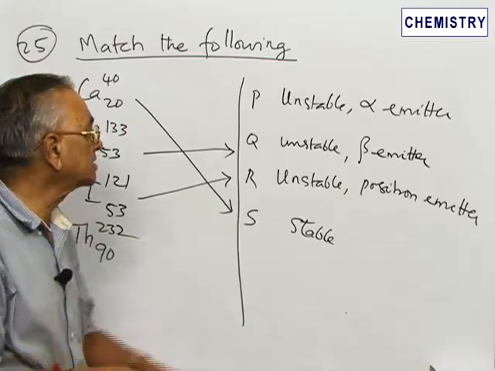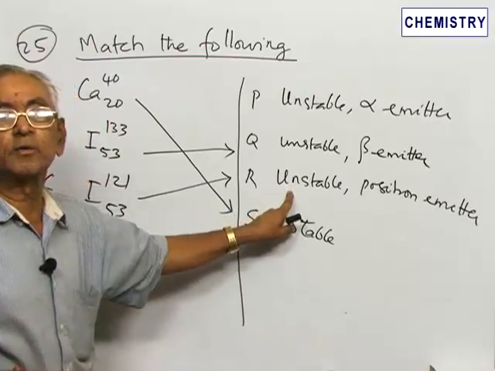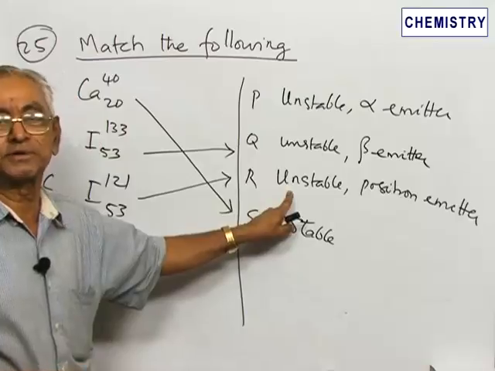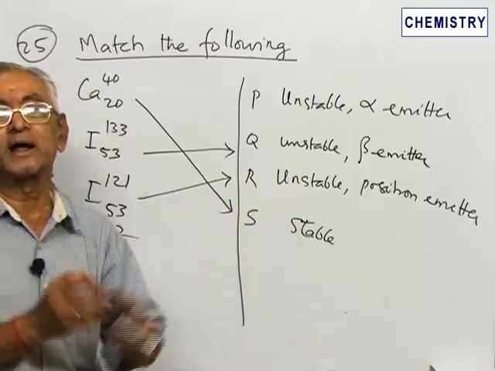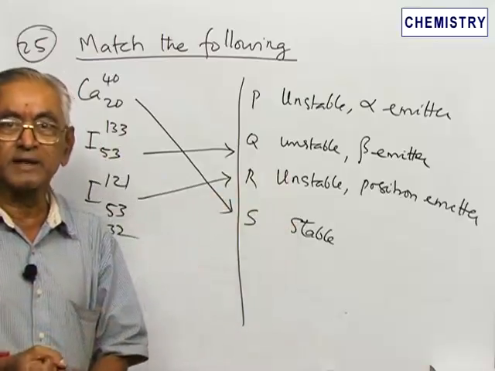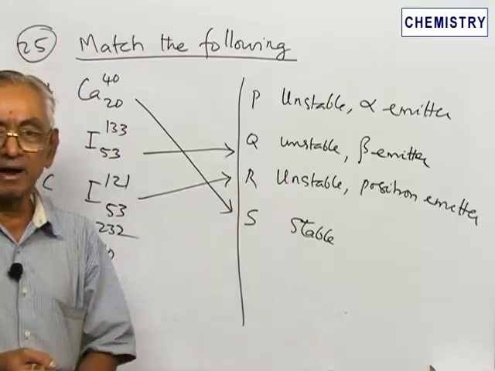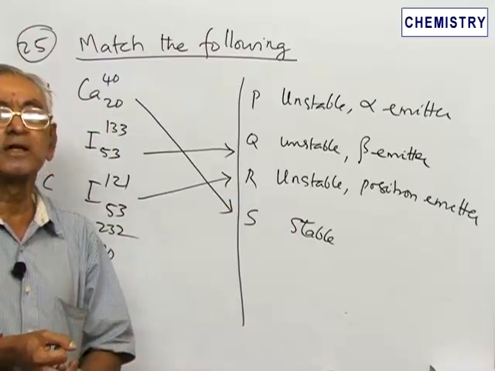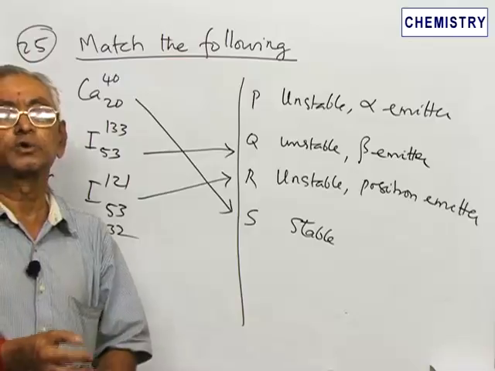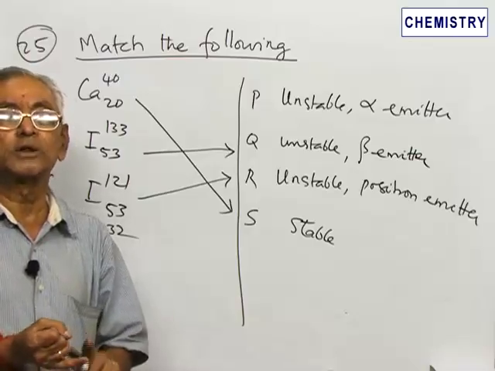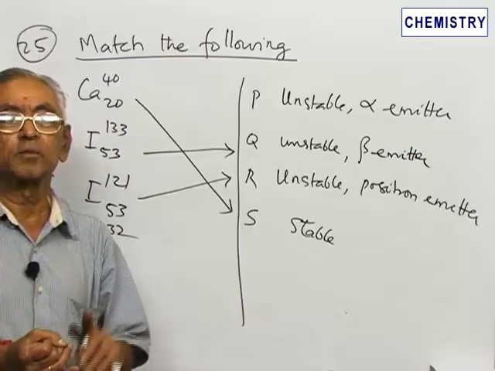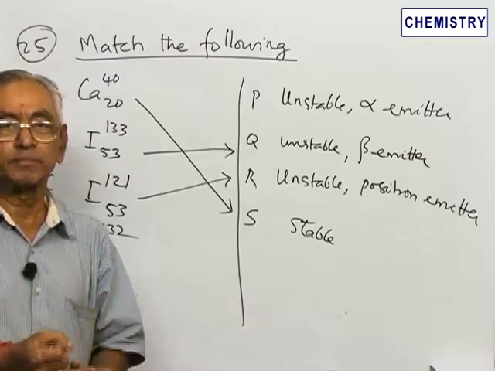One is known as positron emission and the other one is known as electron capture. So these are the 5 radioactive processes: loss of alpha rays, beta rays, gamma rays, which are the 3 major processes, and 2 more processes, positron emission and electron capture.